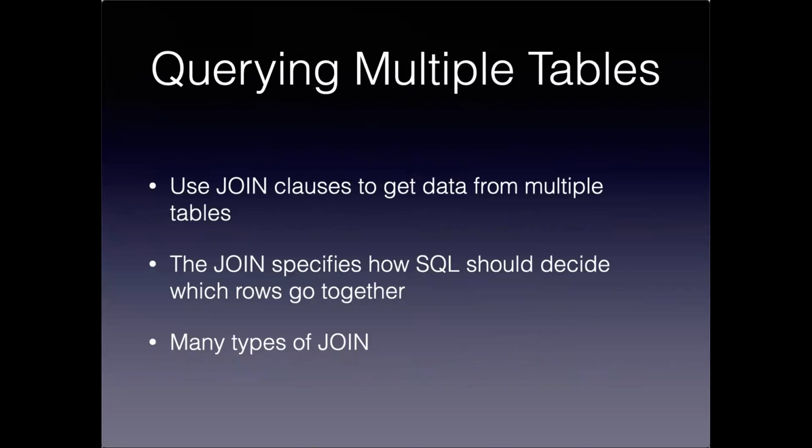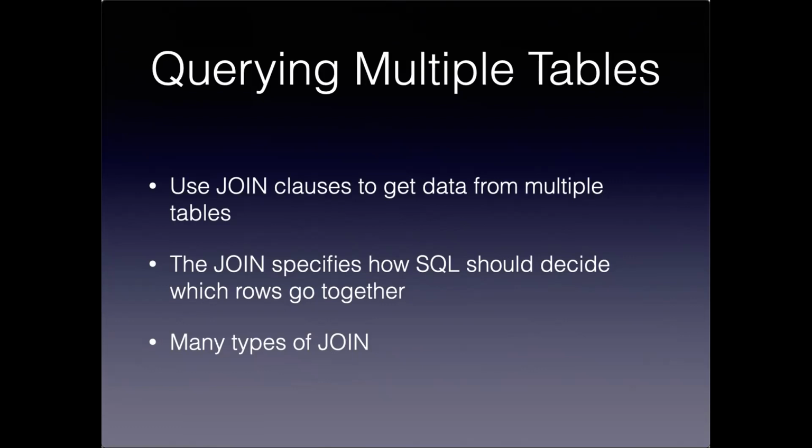The relational model, again, requires us to split data into multiple tables to eliminate repetition and to make adding and removing data more reliable. But it also means the data that we want to see is often spread across multiple tables. So the price that we pay for more efficient and more accurate data storage is a little bit more work, a little bit of a cumbersome process in order to get exactly the data that we want.